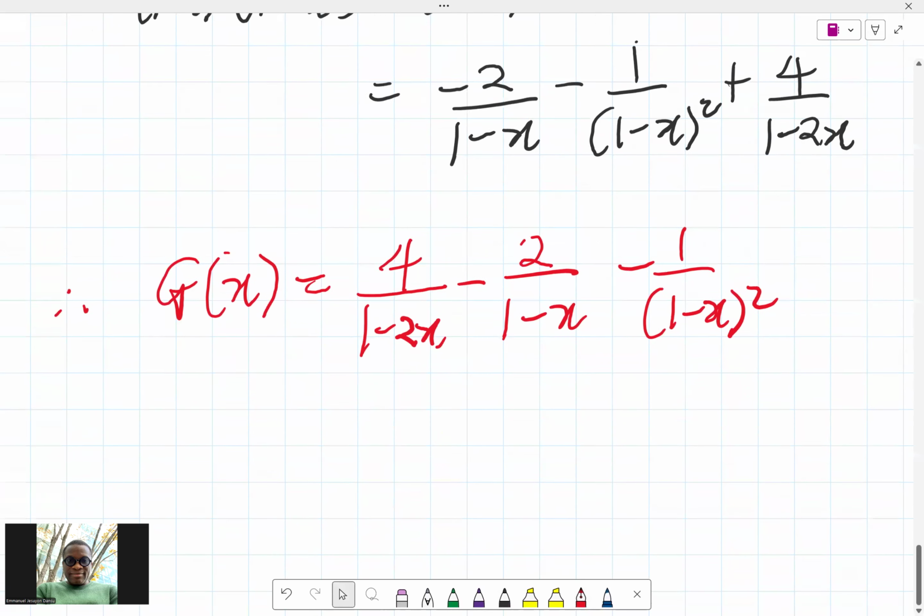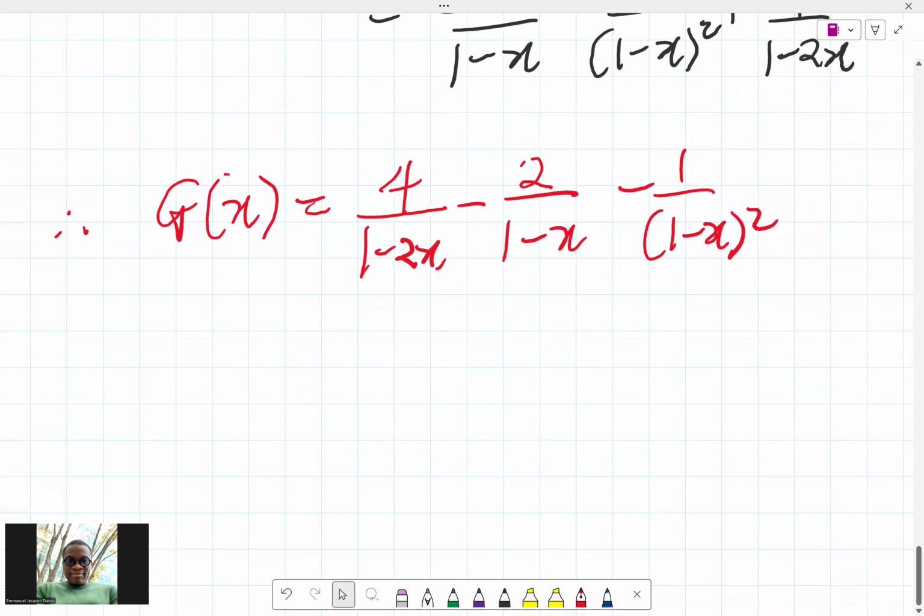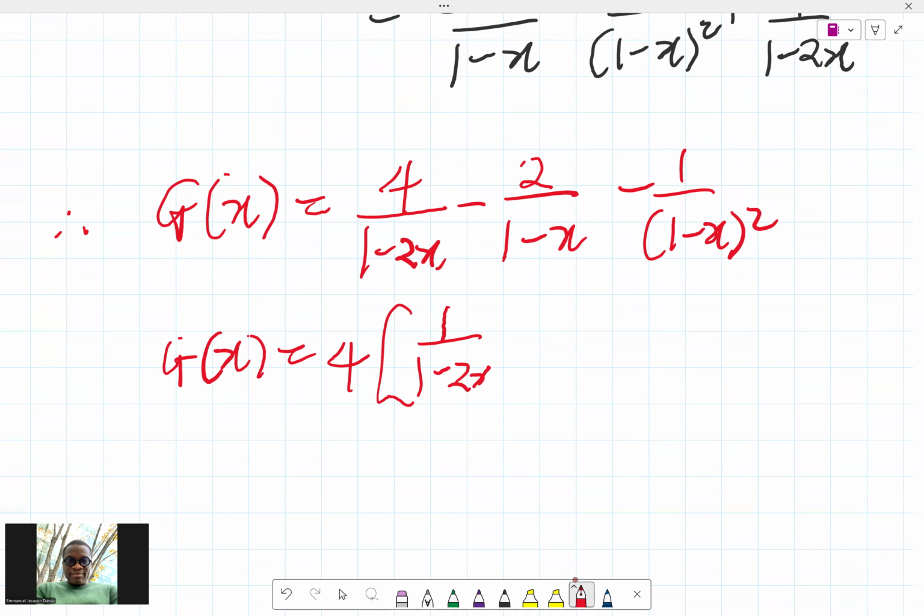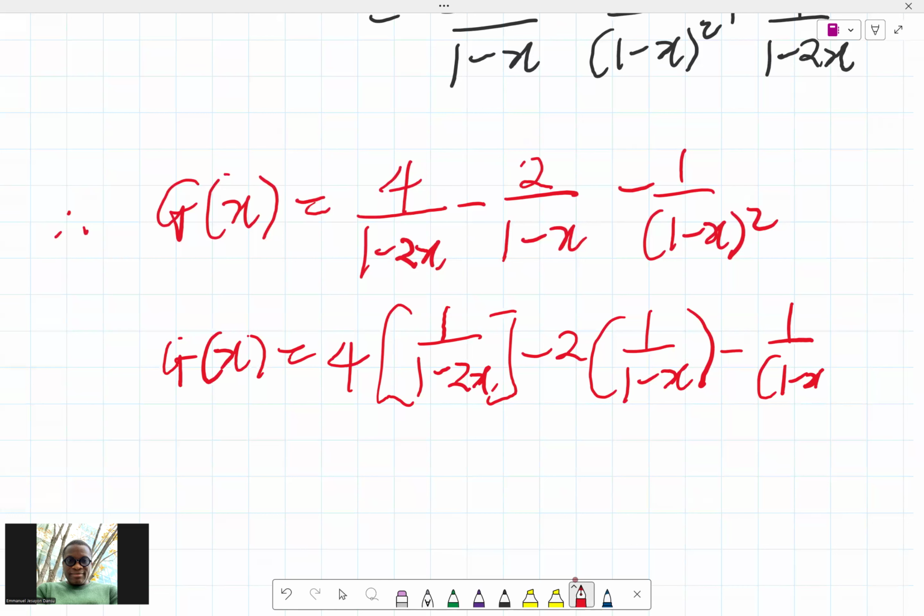So we can break these things down term by term. So for instance, we know that this is g of x now. G of x is 4 into 1 over 1 minus 2x, minus 2 into 1 over 1 minus x, then minus 1 all over 1 minus x all squared.